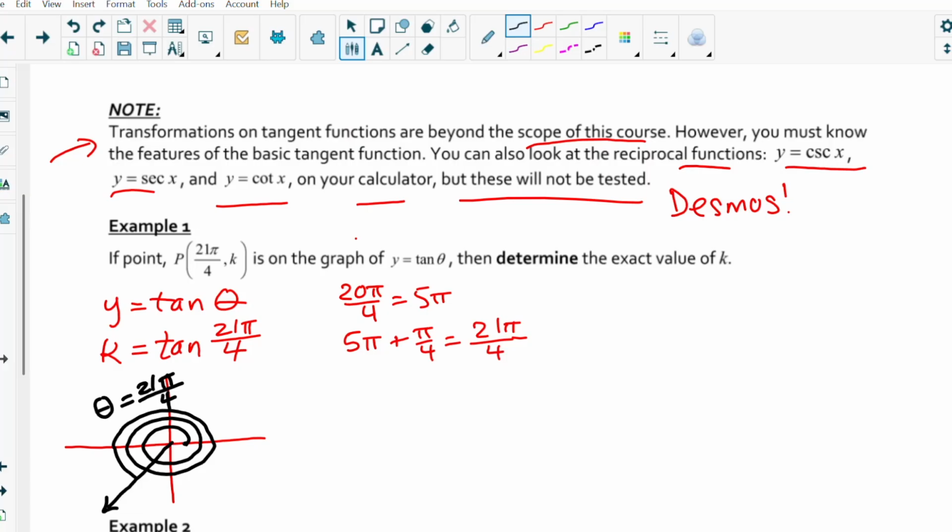Okay, so determine the exact value of k. Here I know that tangent is positive, right? So cast rule, C-A-S-T, in quadrant 3, the tangent ratio is positive, so I need a positive k value. Well, let's take a look at tangent of 21 pi over 4.